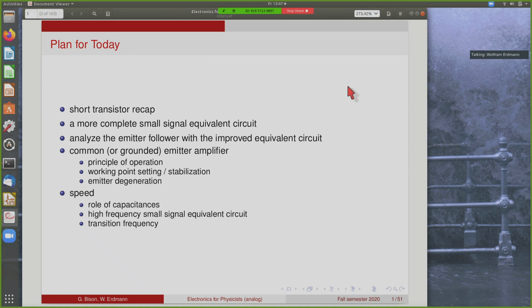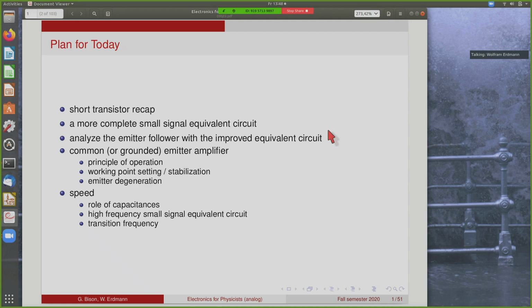The plan for today is to start with a short recap of last week's lecture on transistors. We'll then assemble a more realistic small signal equivalent circuit and use it to analyze the emitter follower in a bit more detail than before. Then the next item is the so-called common or grounded emitter amplifier.